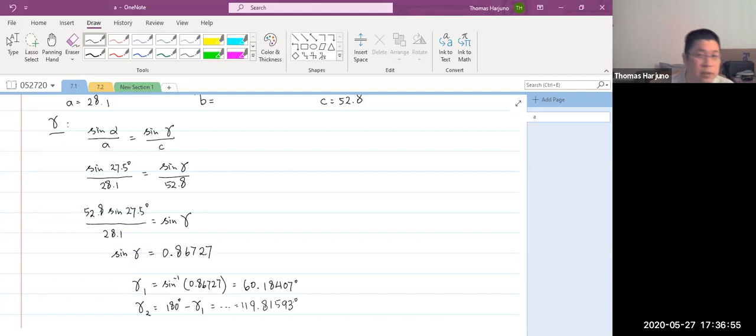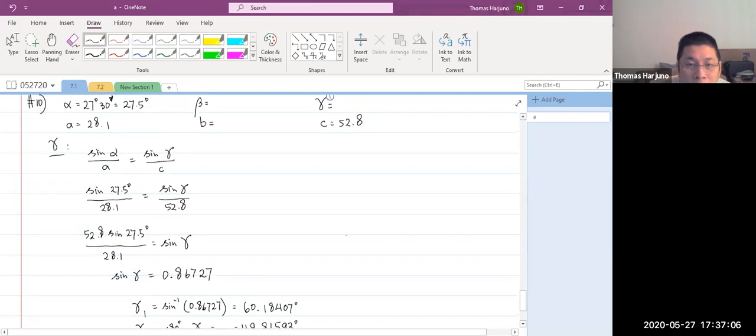Now, as you can see here, both of these angles are actually okay, because gamma 1 and gamma 2 are both greater than 27.5 degrees.